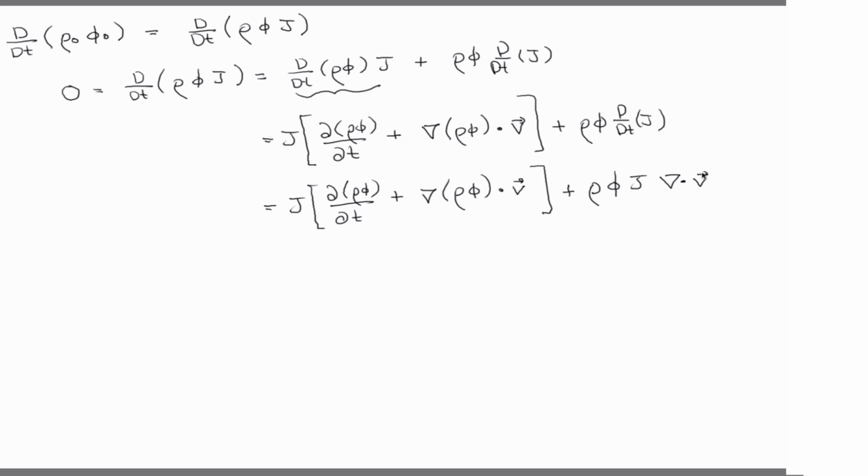Now remember, all this is equal to 0, so I can divide through by J, canceling those terms.